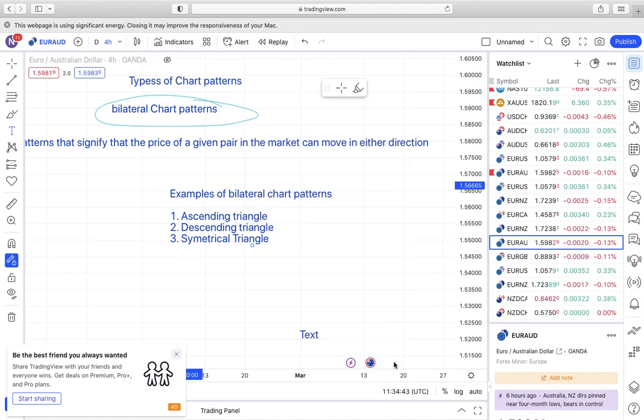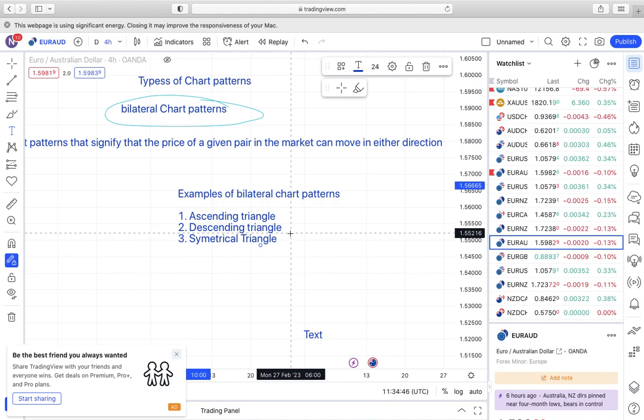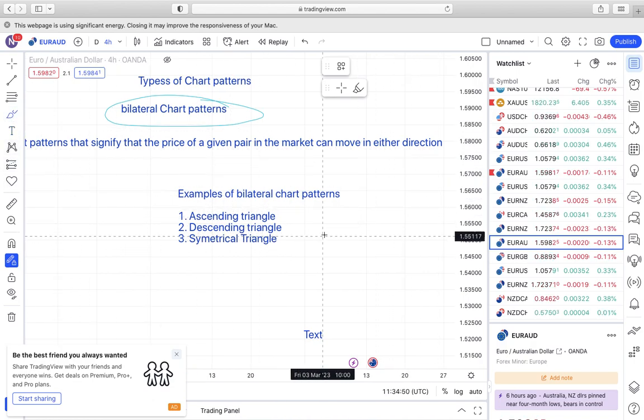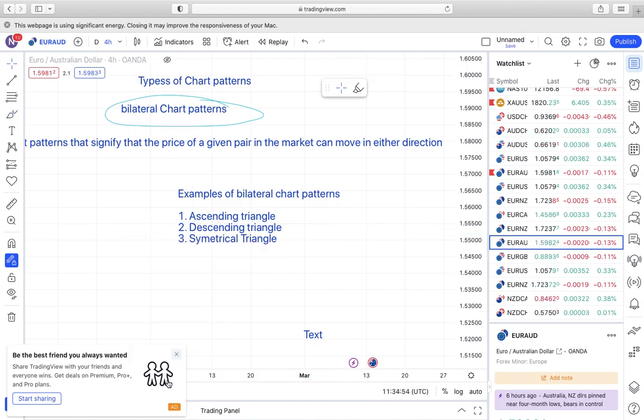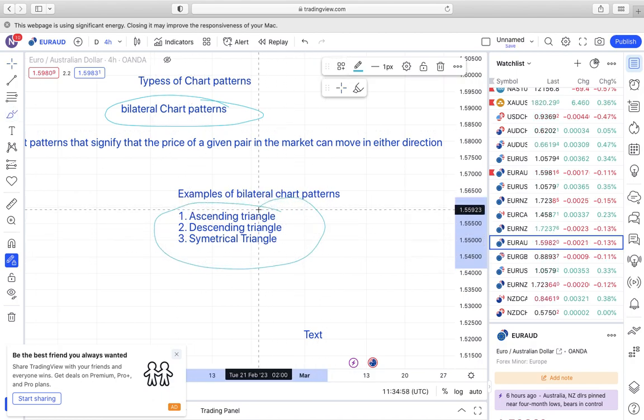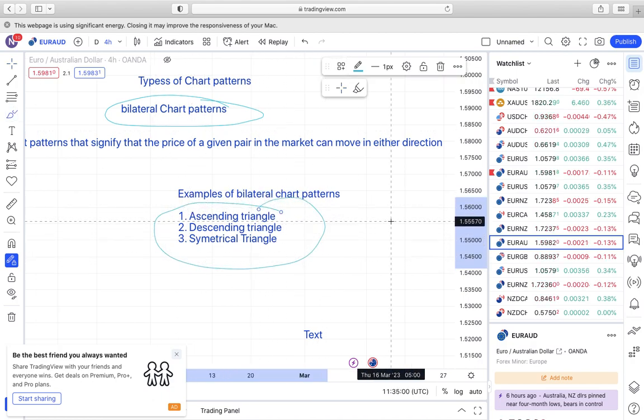These are the examples of the types of bilateral chart patterns we are going to talk about: ascending triangle, descending triangle, and symmetrical triangle. These are what we are going to talk about today.